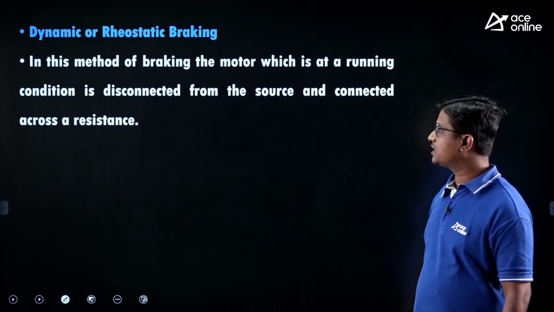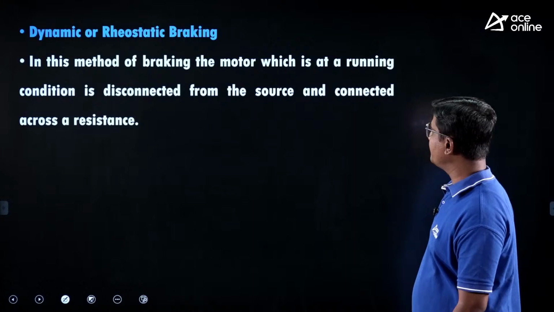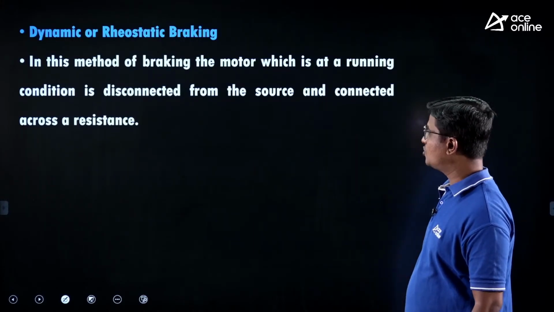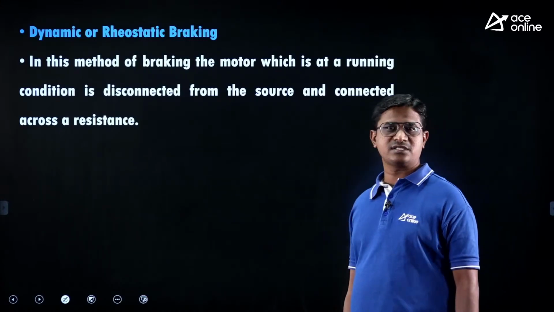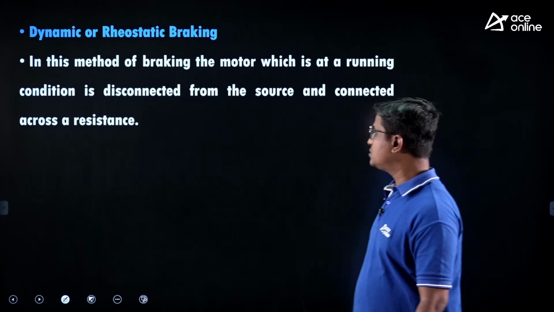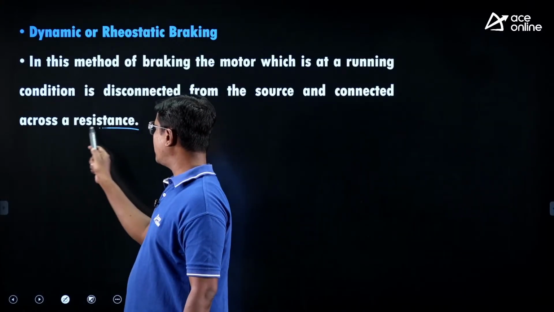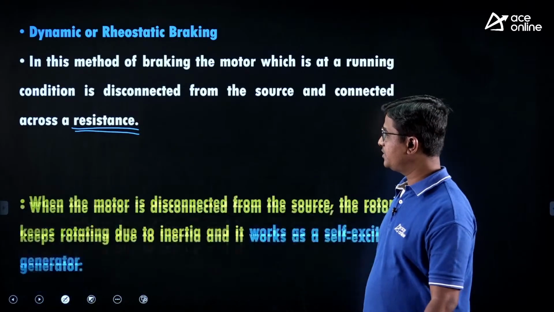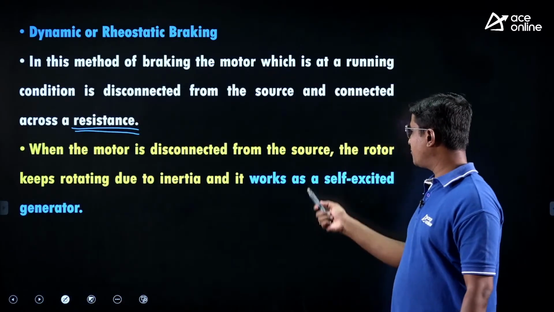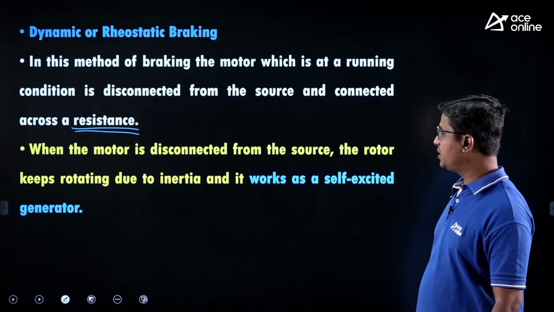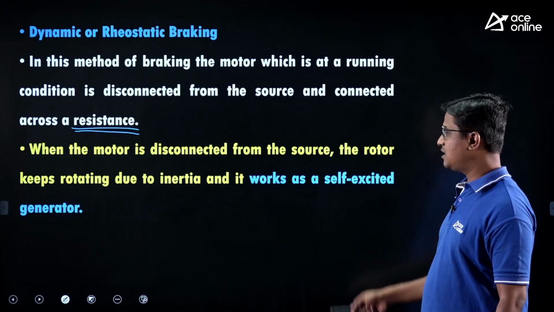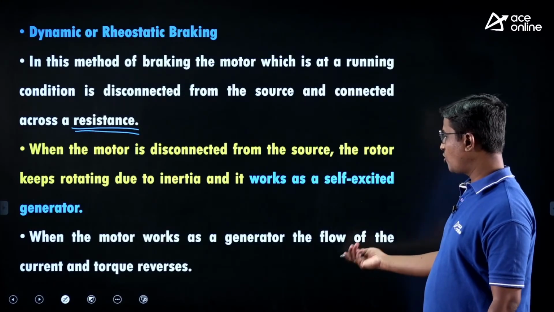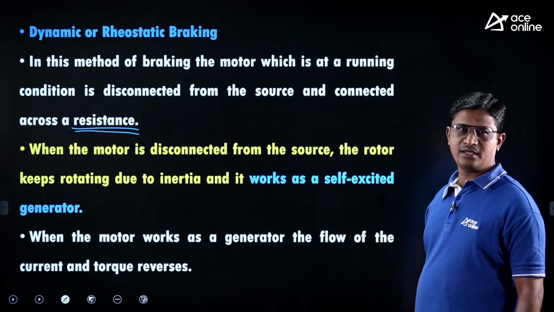The value of the resistor depends on the allowable braking current value. When the motor is disconnected from the source, the rotor keeps rotating due to inertia and works as a self-excited generator. When the motor works as a generator, the flow of current and torque are both opposite.